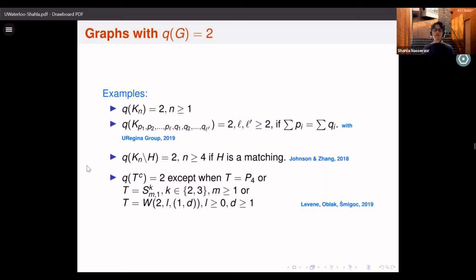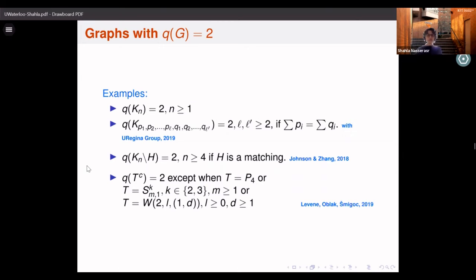A simple version of this is the complete bipartite graph when the 2 parts have exactly the same size. Then Q is 2. I'll just mention that we've shown that Q of a complete multipartite graph is either 2 or 3. In this case it's 2, and in the other cases it's either 2 or 3 again. So that's another family of graphs.